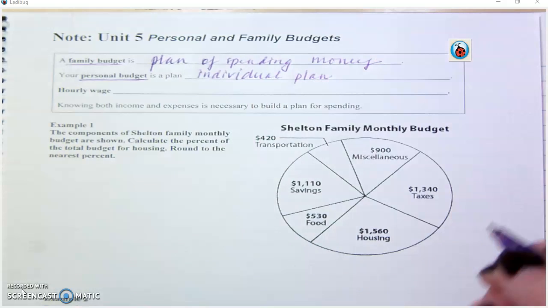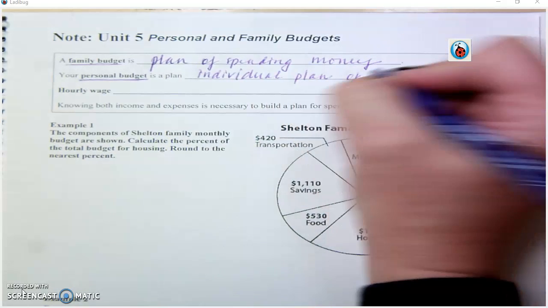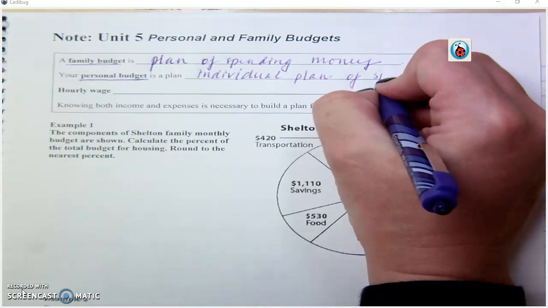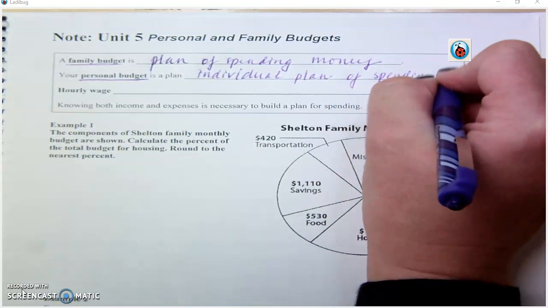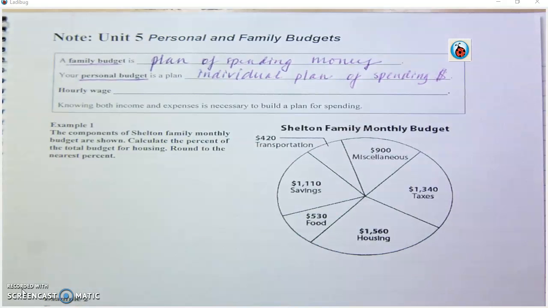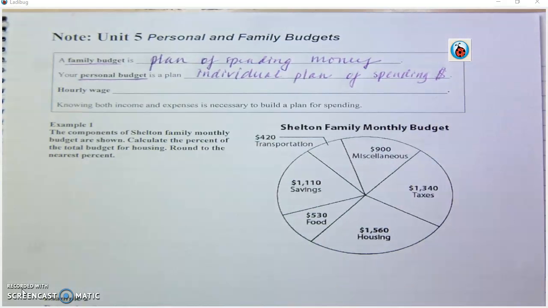It could be something like birthday money, chores, how you are planning on spending. You might be contributing some to church, or doing Christmas Angel Tree and putting that aside. You might be saving for a big ticket item, like a PlayStation 5. That's your personal budget, and that's how you specifically would spend money.